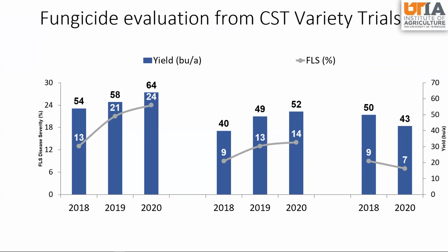The bars are our yield in bushels per acre, and the gray lines are our frogeye leaf spot disease severity. So at each location, as our yield increases, we usually also have increased disease, or inversely, when we have decreased yield, we also usually see less disease. The same environment that the soybean thrives in, the disease also thrives in.